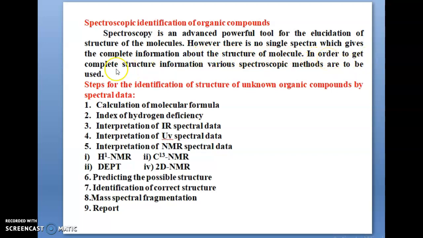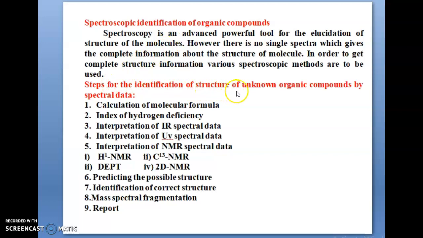In order to get complete structure information, various spectroscopic methods have to be used. Suppose you synthesize a compound; from a single spectrum, we can't predict the compound's structure. So many spectroscopic techniques are involved.